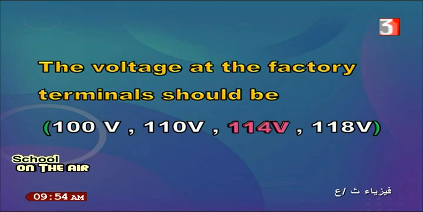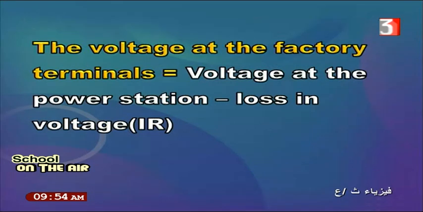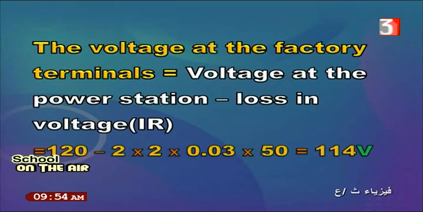Voltage equals IR, but there is a trick here. The voltage at the factory terminals equals the voltage at the power station minus the drop in voltage. Voltage at the station is 120, minus 2 because the distance is 2 kilometers, multiplied by another 2 because we've got two wires, one going and one coming, and the resistance was 0.03, times the current 50. It will be 114 volt.